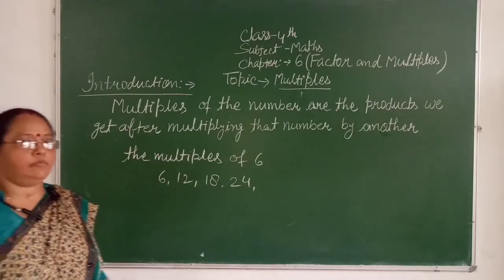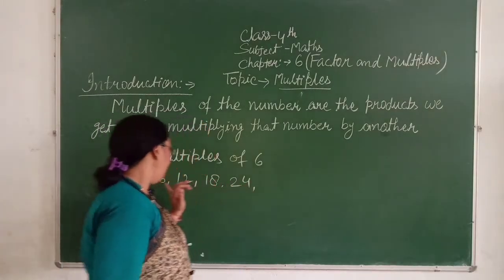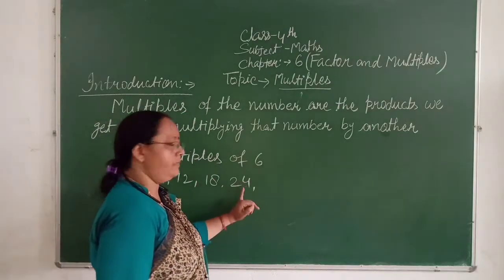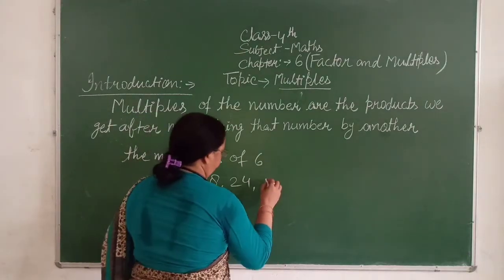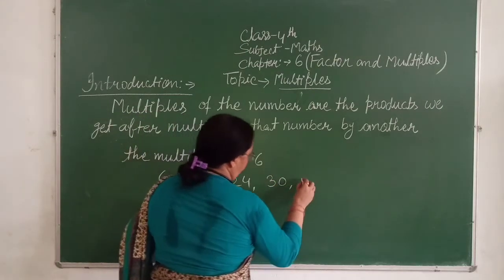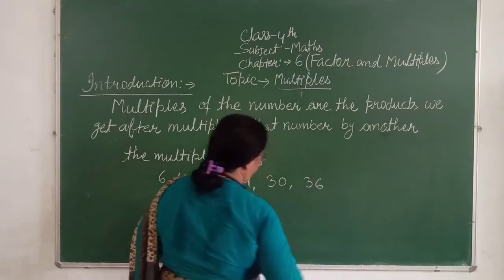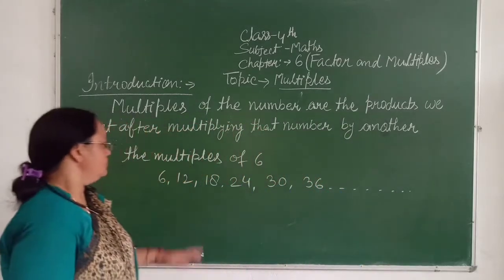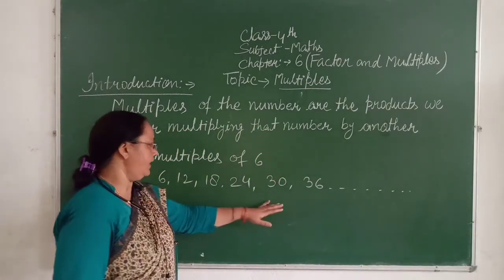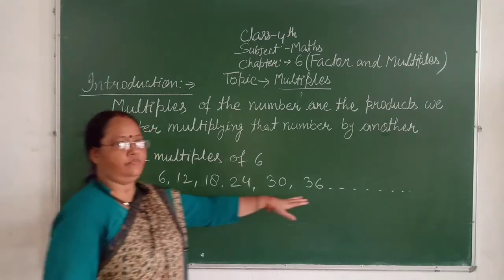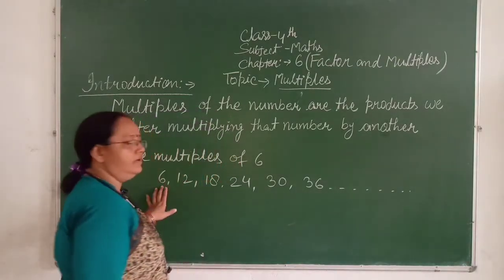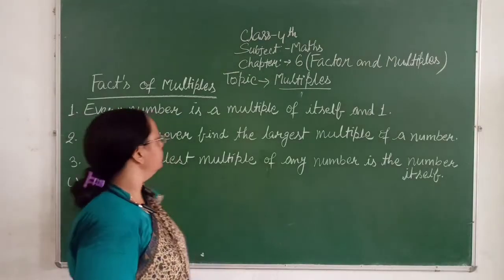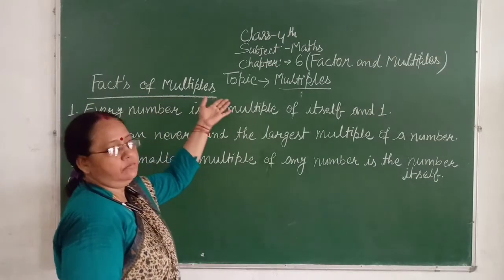Like जैसे आप लोग टेबल लिखते हो, 6 multiplied with 1, 6 multiplied with 2, 6 multiplied with 3, 6 multiplied with 4, and so on. So from here we conclude that multiples of a number are infinite and start from the number itself. So many properties. Now students, start facts of the multiples.